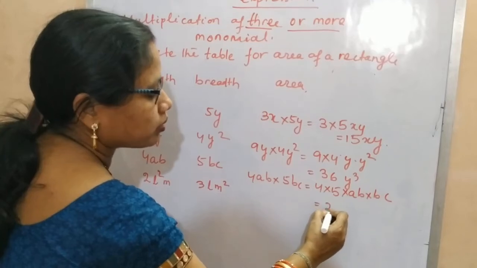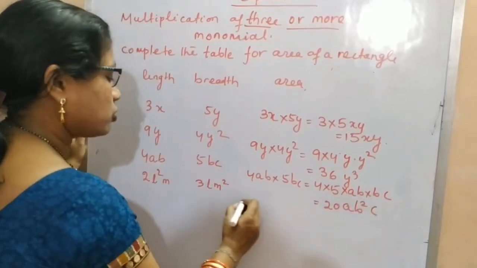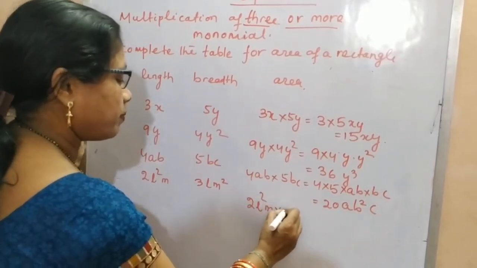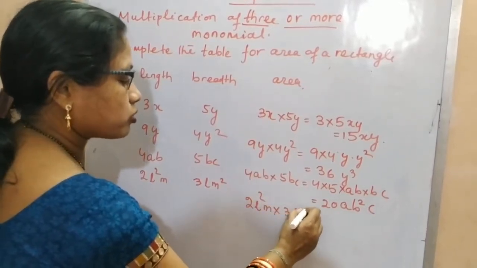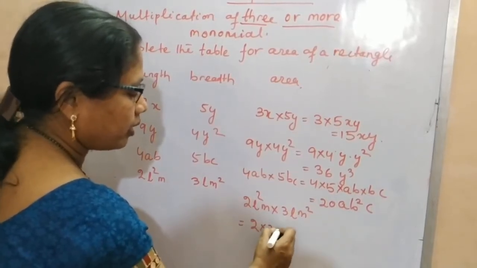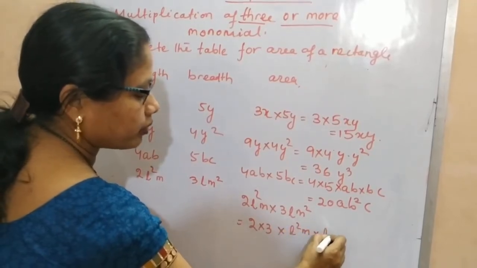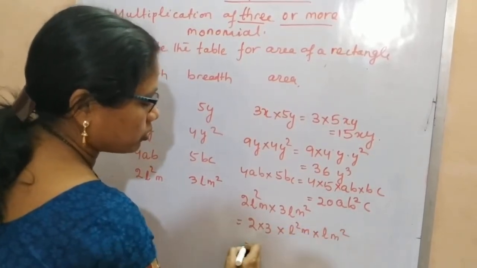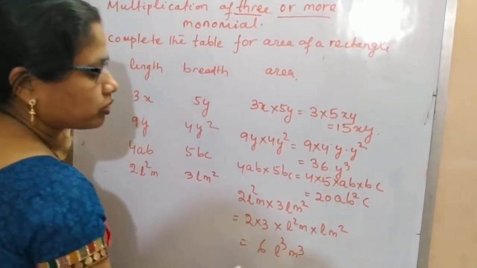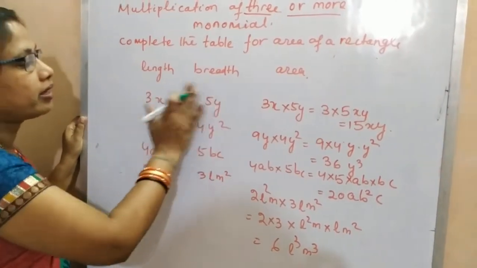So this is equal to 20ab square c. Then 2l square m multiplied with 3lm square. So this is equal to 2 multiplied with 3 multiplied with l square m multiplied with lm square. So this is equal to 6 l cube m cube. So these are the areas of the respective rectangles having length and breadth.